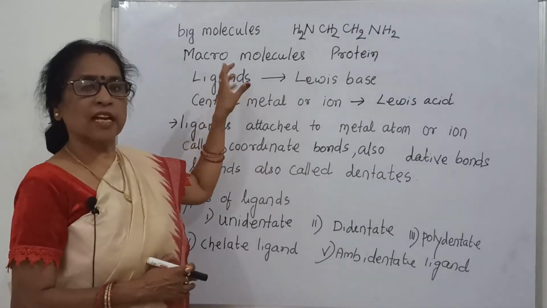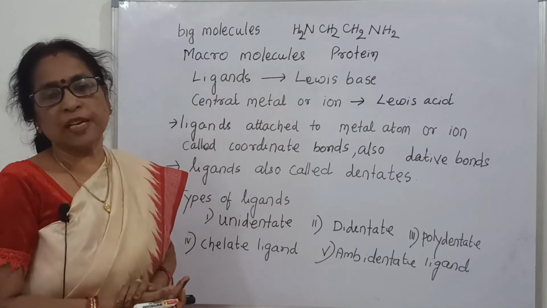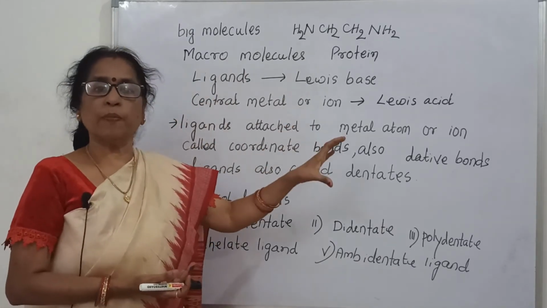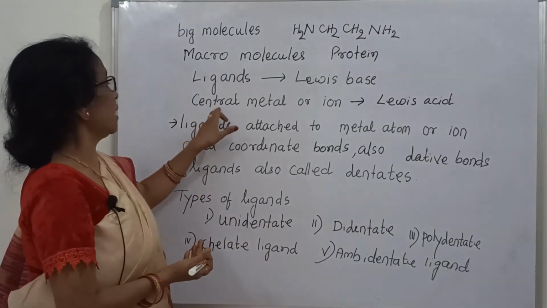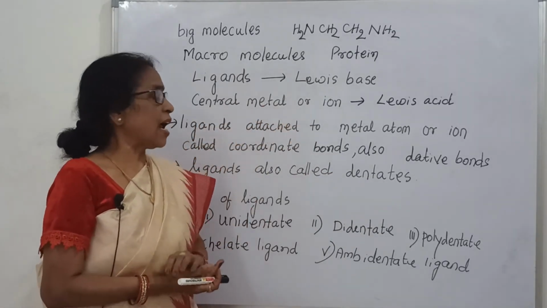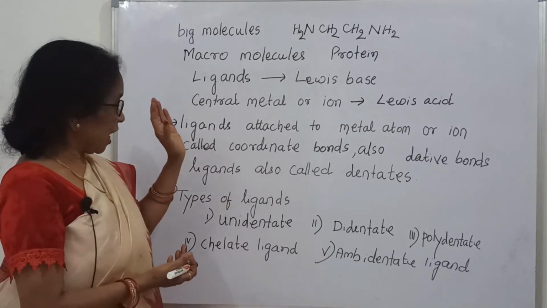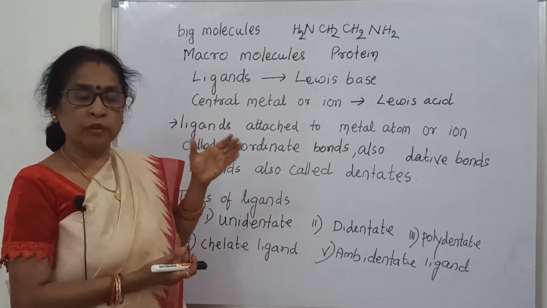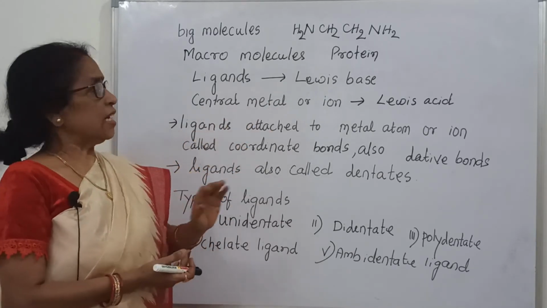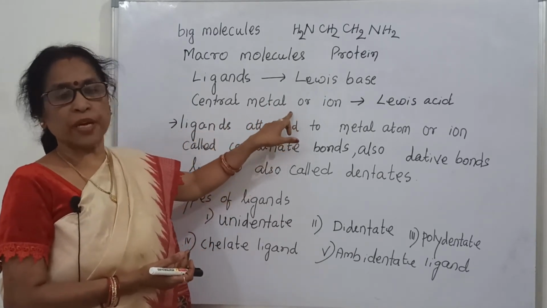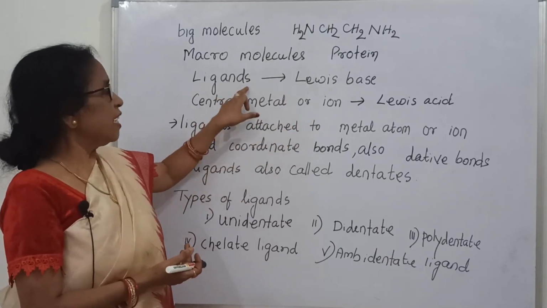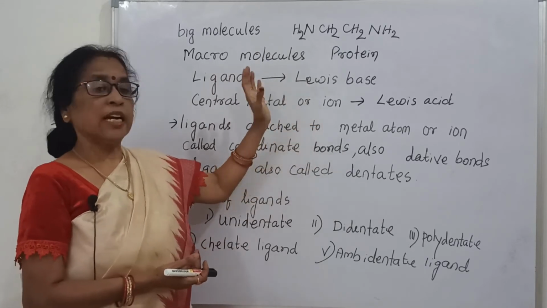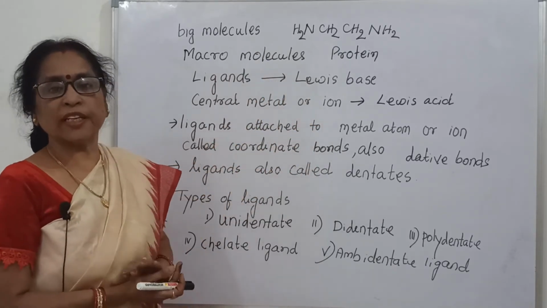Then ligands act as a Lewis base. What is a Lewis base? A Lewis base can donate a lone pair of electrons. The central atom acts as a Lewis acid because it accepts electrons from the base, that is the ligands. The ligand is a Lewis base because it donates electrons, it acts as a donor to the central metal ion.